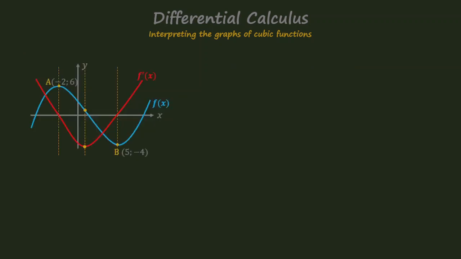Here is what we have picked up from sketching the graphs of cubic functions. We have noticed that the x-coordinates of the turning points of f are actually the x-intercepts of the first derivative of f.